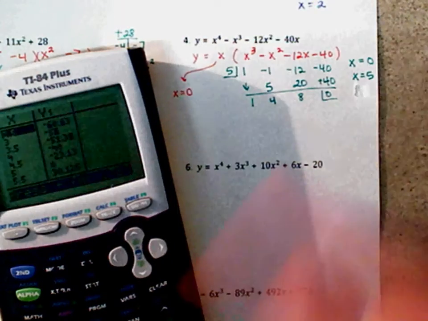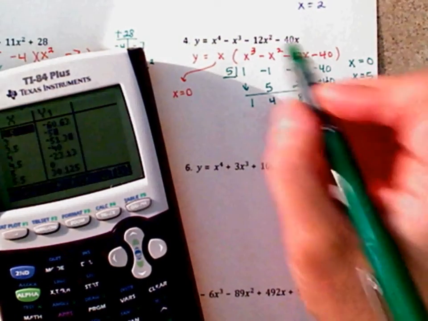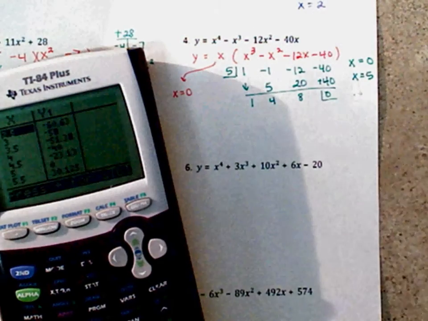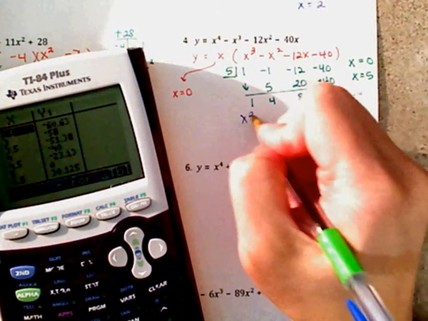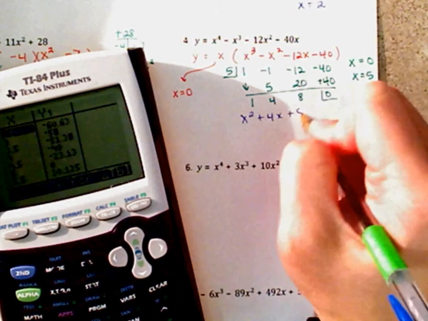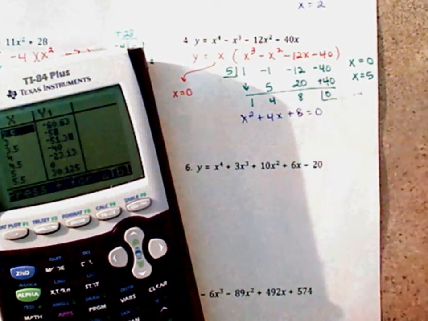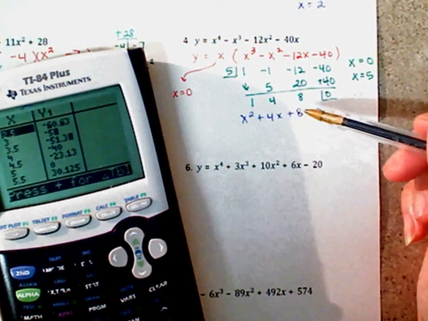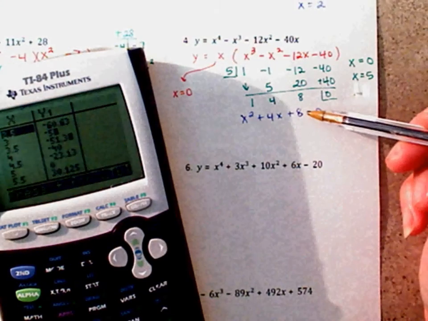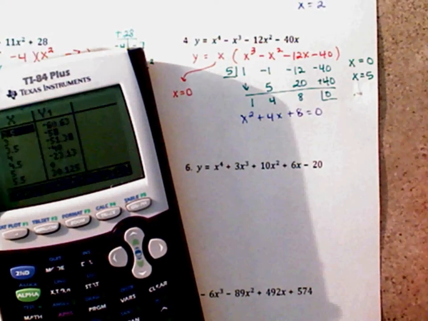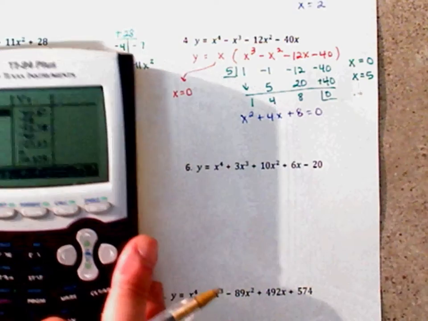Alrighty. Now, I got 3 terms. This was x to the 3rd. Now I can have x squared plus 4x plus 8. Set that equal to 0. If you take a look, I do not know any number that multiplies to give me 8 and adds to give me 4. So for that reason, I'm going to go to the quadratic formula. Okay?